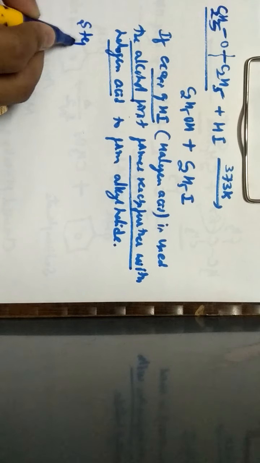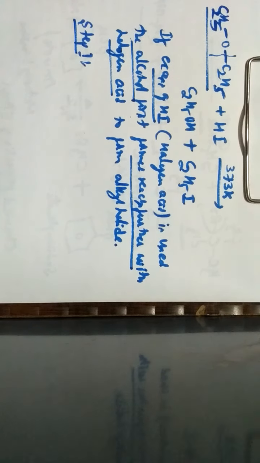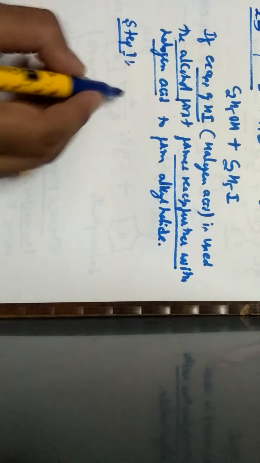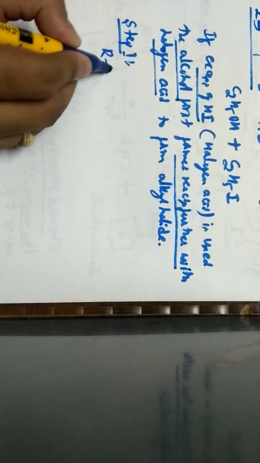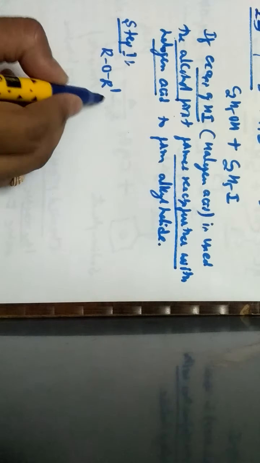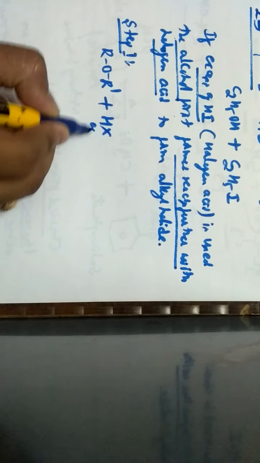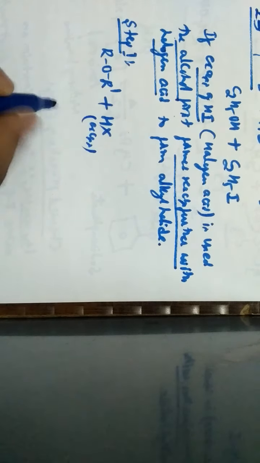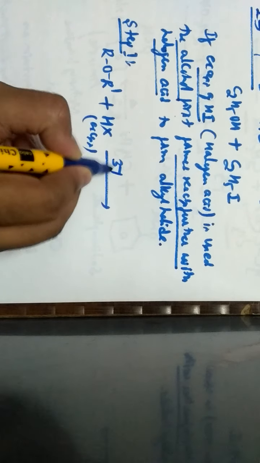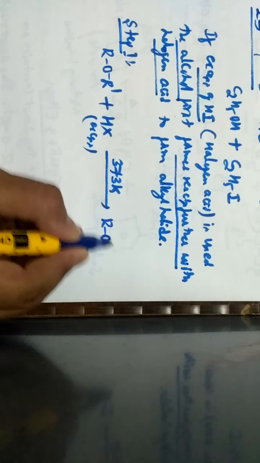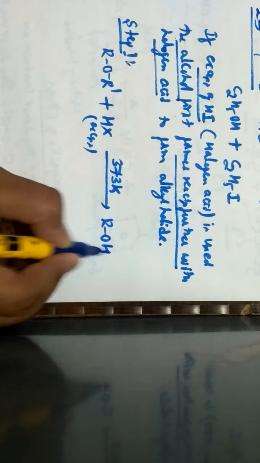So let us discuss this conversion. In the first step, this is dialkyl ether, I mean to say diethyl ether. When this dialkyl ether is made to react with halogen acid in excess, by maintaining a temperature of around 373 Kelvin, we get an alcohol. Along with alcohol, we get alkyl halide.